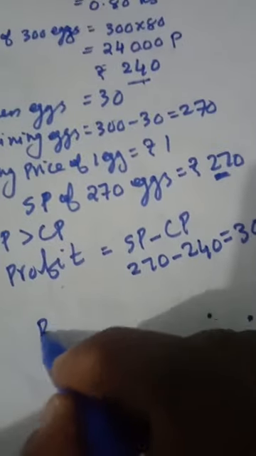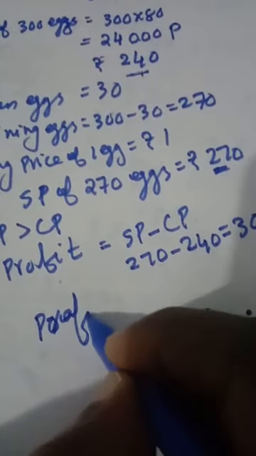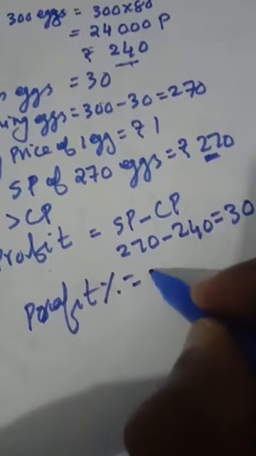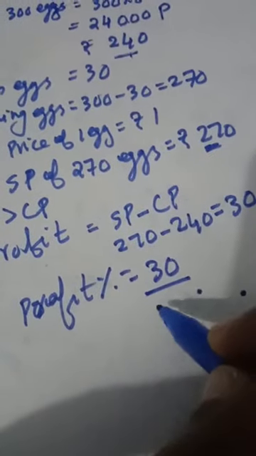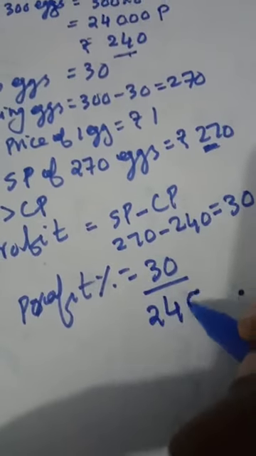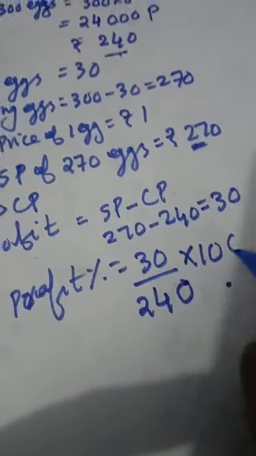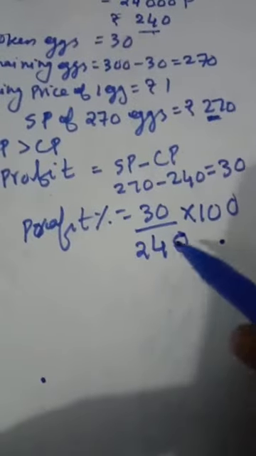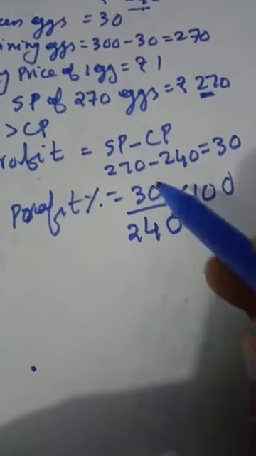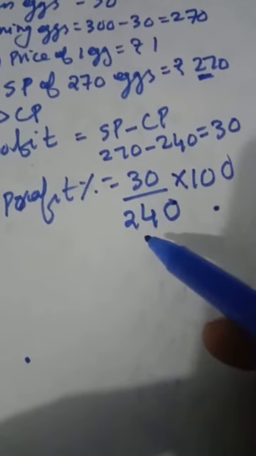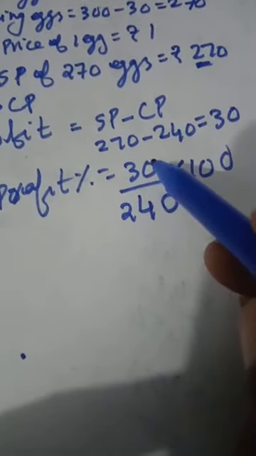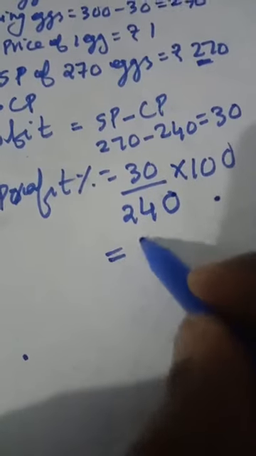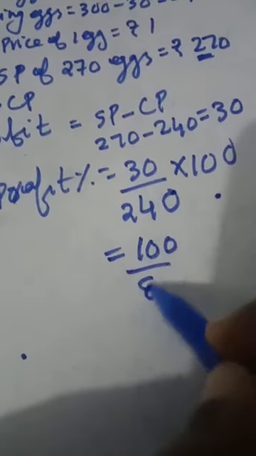Now profit percentage is equal to profit by CP into 100. See, the 0 and this 0 get cancelled. 1 3 is 3, 8 3s are 24. Here 10, here 10. 100 by 8. What is 100 by 8?